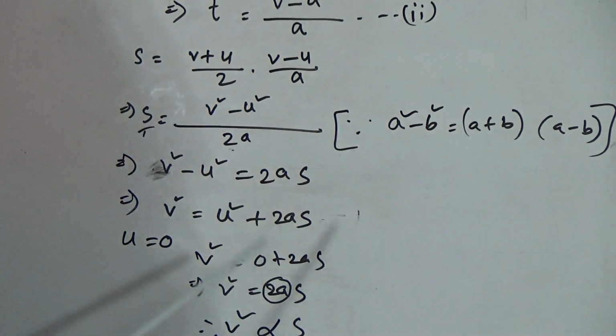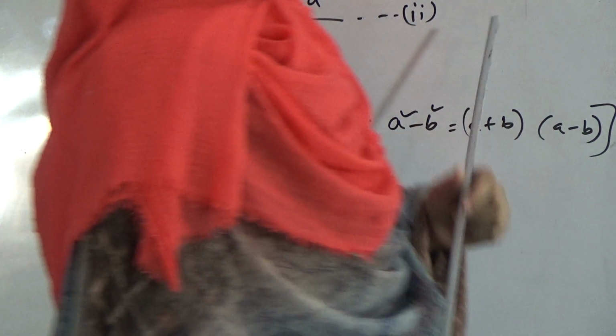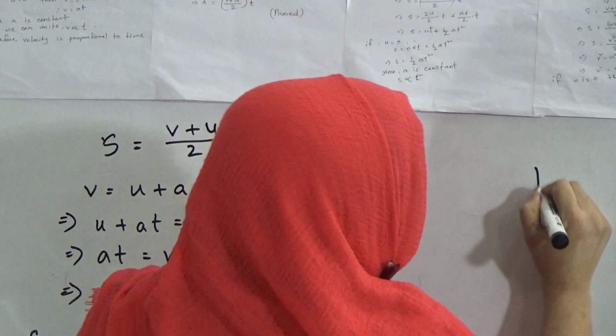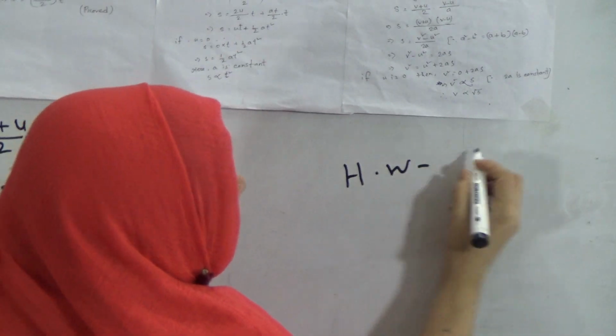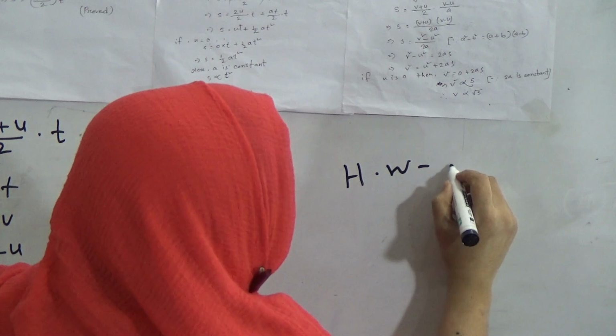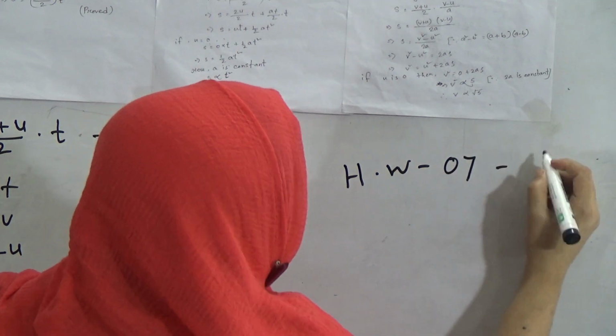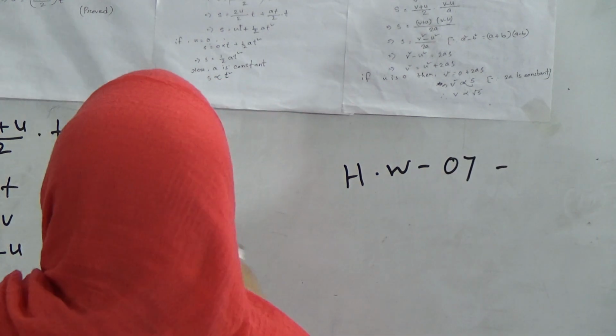My dear students, today your SW number is 7, and your SW topic is this fourth equation of motion.